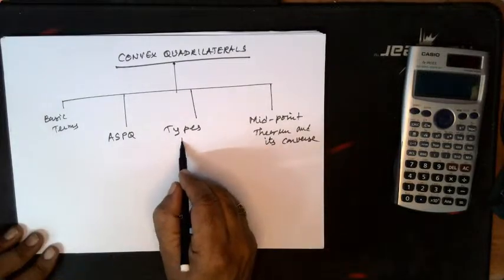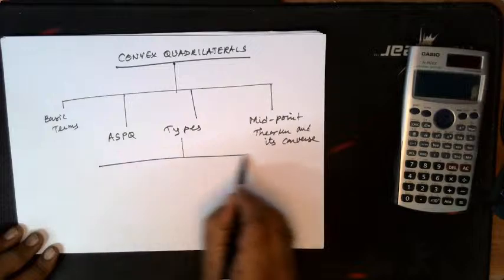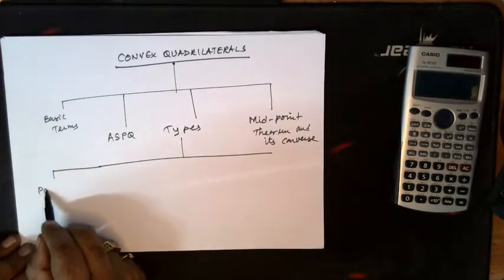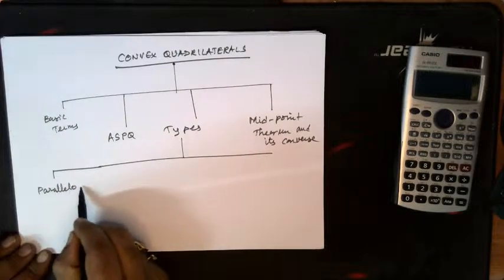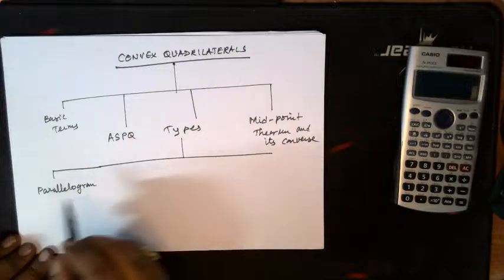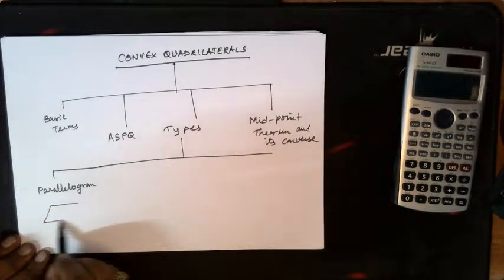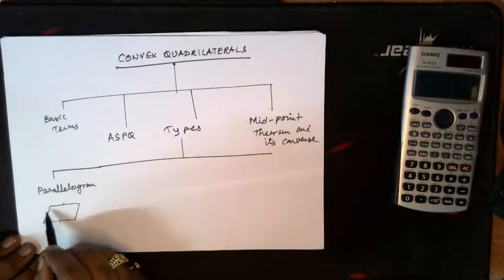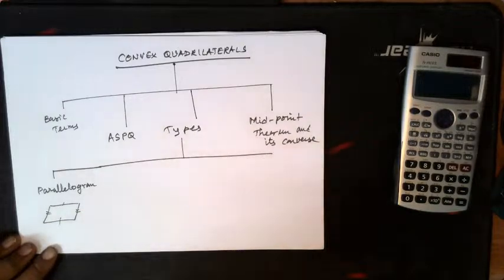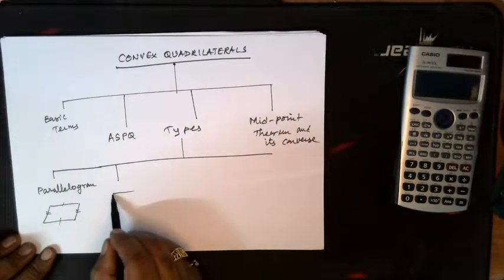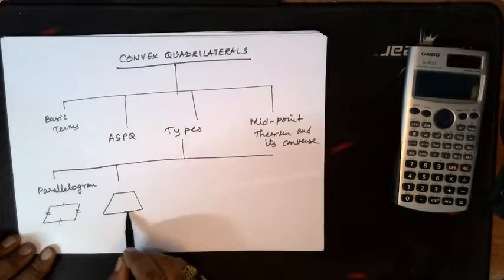Under the types of quadrilateral, we have parallelogram. Parallelogram means it is like this, that is, opposite sides are parallel and equal. And we have trapezium. So trapezium will be like this.